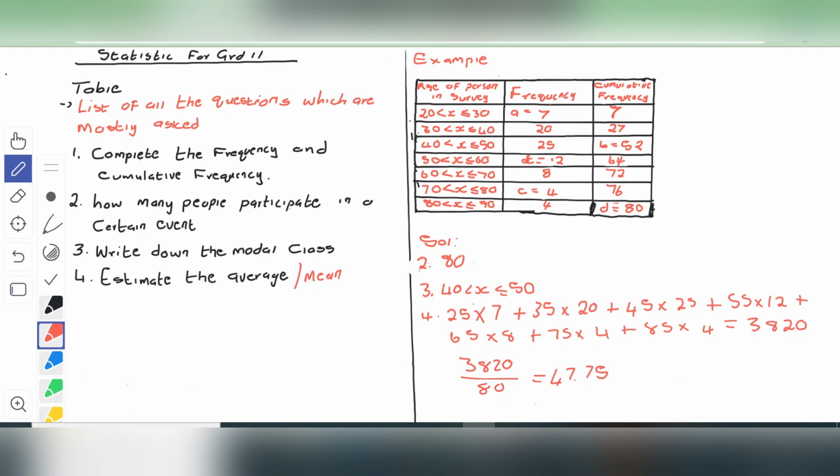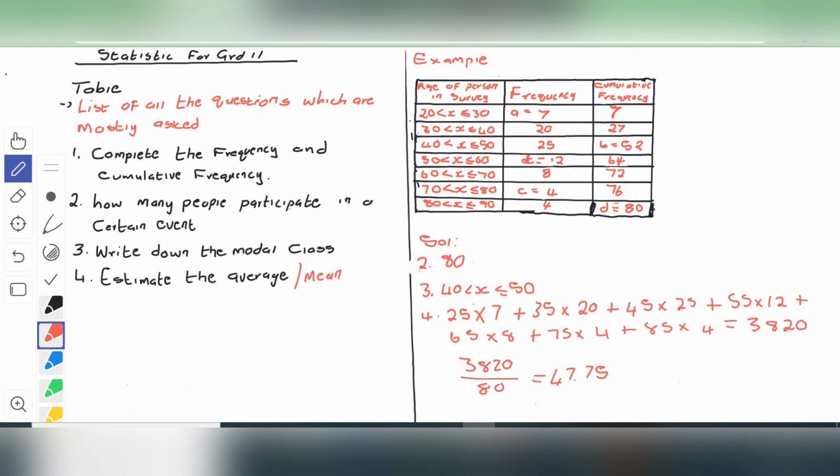You can also choose, let's say, 21, therefore it's going to be 21 multiplied by 7 plus 31 multiplied by 20 plus 41 multiplied by 25. If you choose 22 from the first interval, it's going to be 22 multiplied by 7 plus 32, so you need to go by the width of 2.